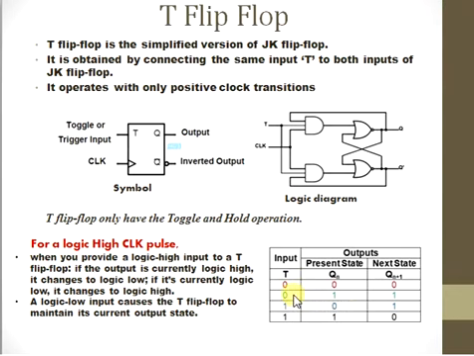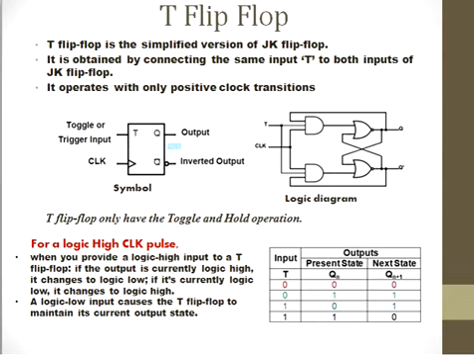But in this case, it is not like that. It depends on the input to T. If the input to T is 0, it is the hold condition, so whatever the previous output was remains the same, and if T is equal to 1, that corresponds to the toggling condition. So the output will change. This is not directly connected to what is given to the T input. It depends on the previous state also.